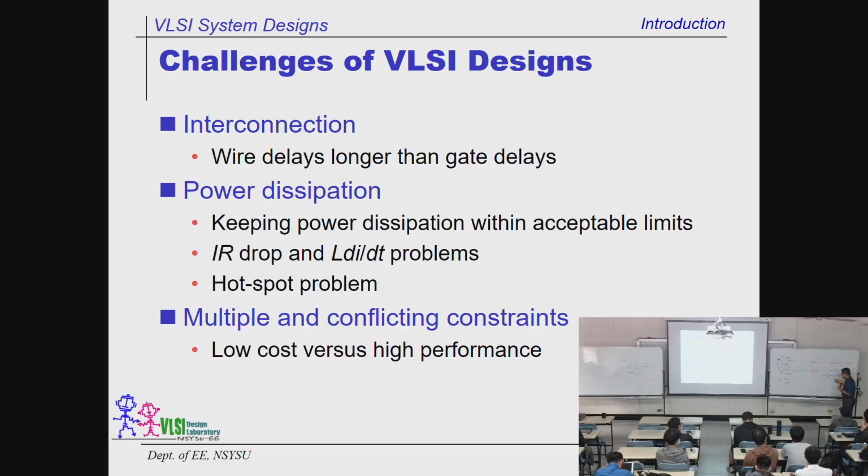The problem is here. The wire delay will become a big problem. The longer the wire, and the switching speed of the devices will become faster and faster. But the problem is that the delay over the wire becomes a big problem.